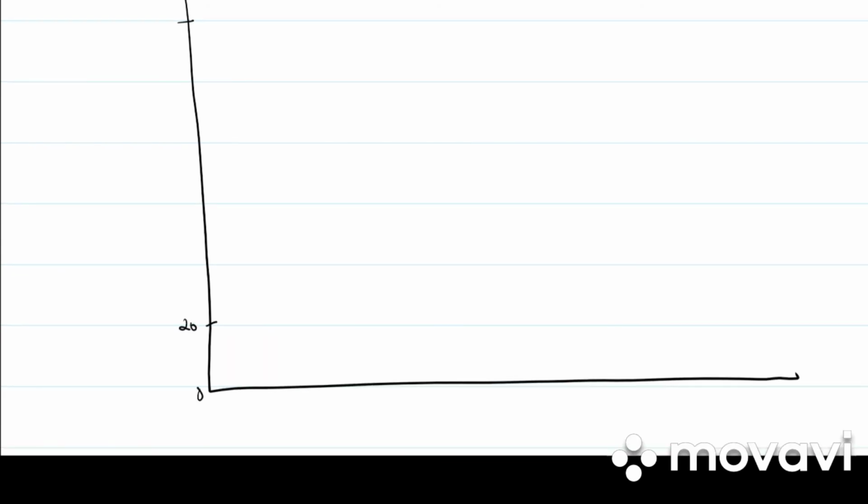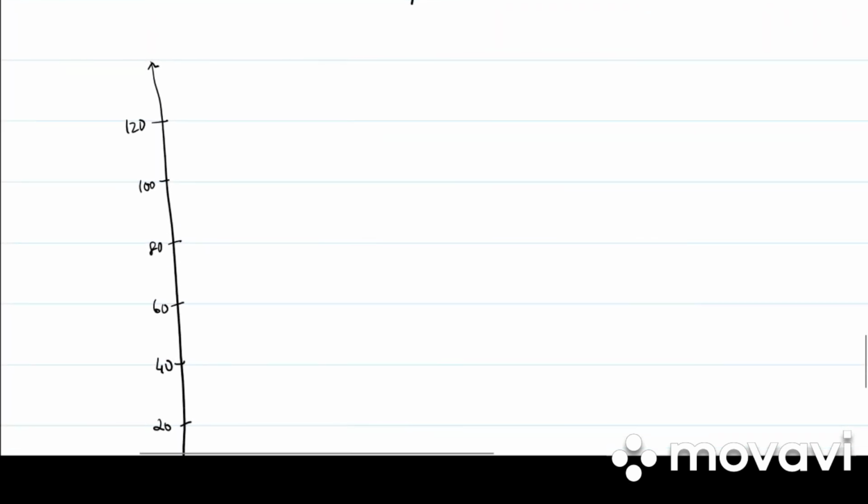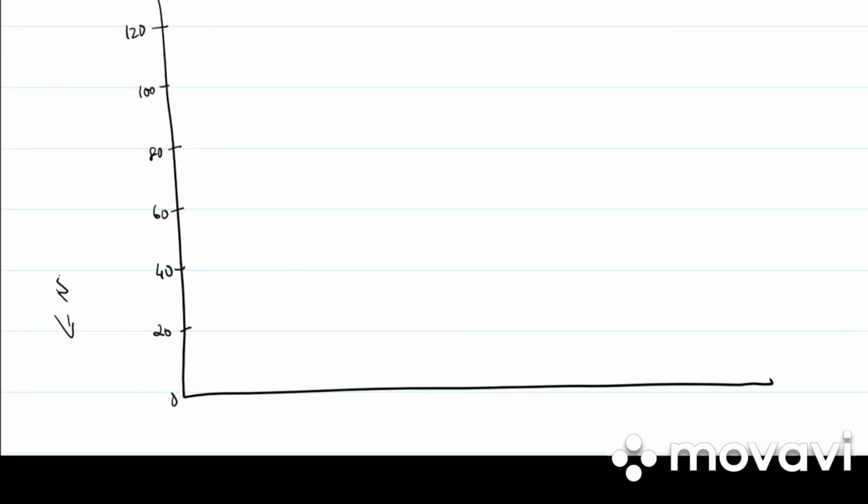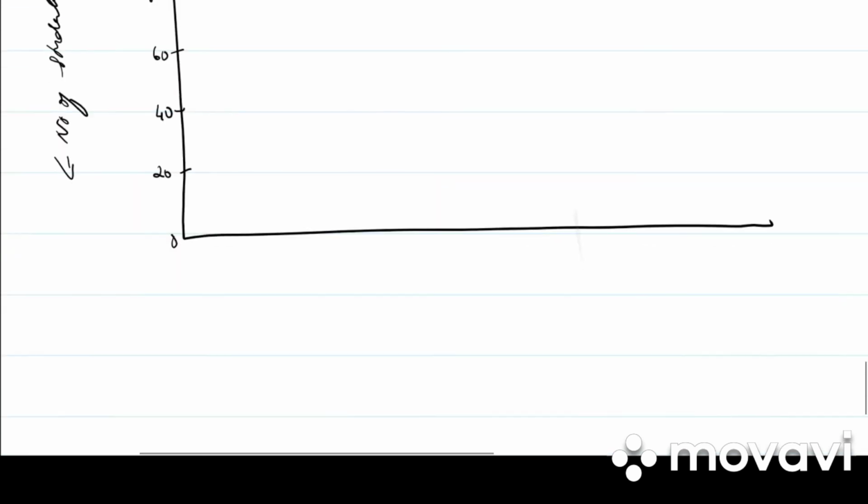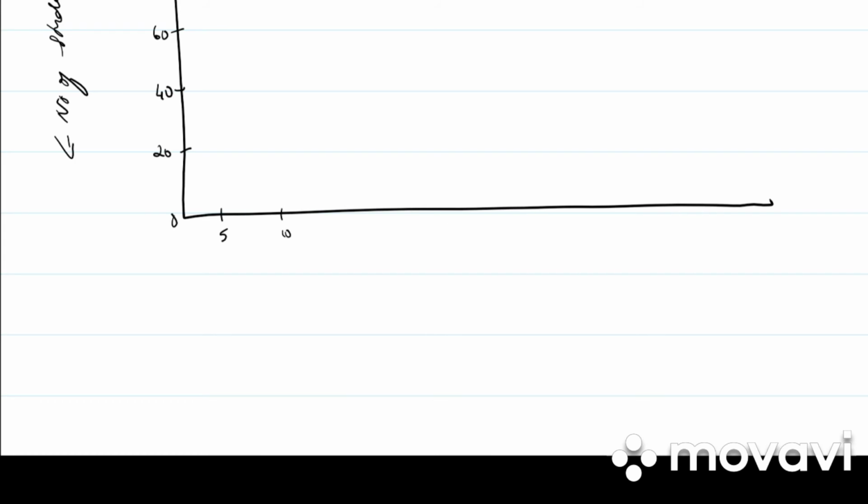Zero, 20, 40, 60, 80, 100, 120. Heading will be less than and more than ogive. We have y-axis. Y-axis represents number of students. Then we have 5, 10, 15, 20, 25, 30, 35, 40 and 45.